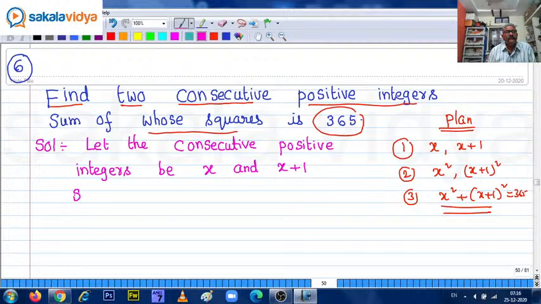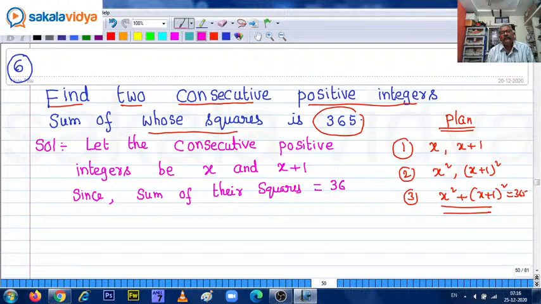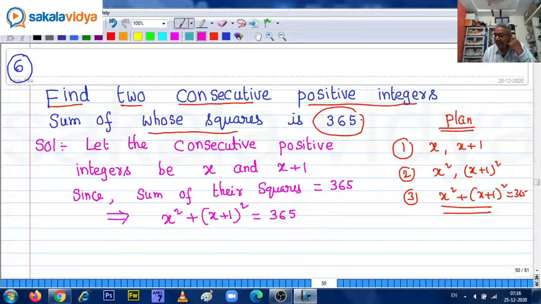Next, since the sum of their squares is 365, that means x square plus x plus 1 whole square equals 365. Okay.